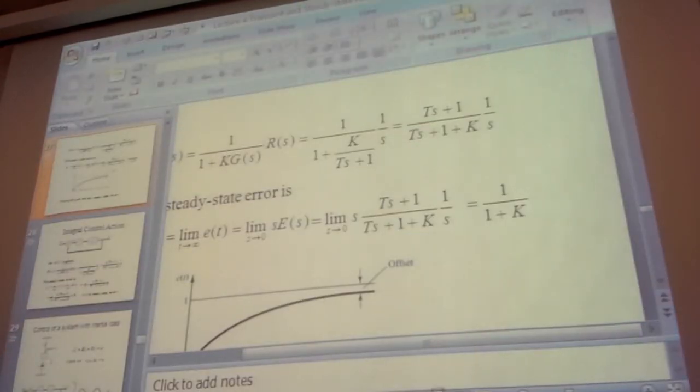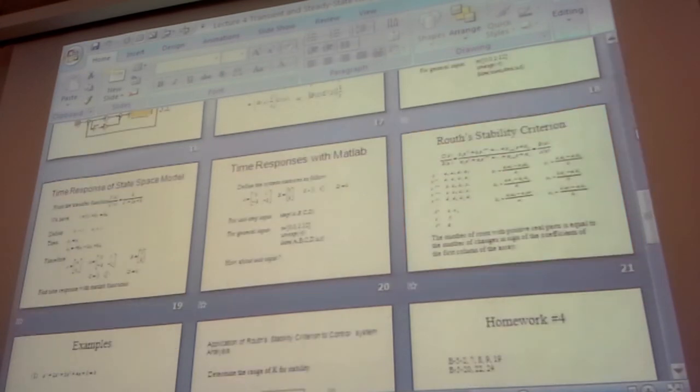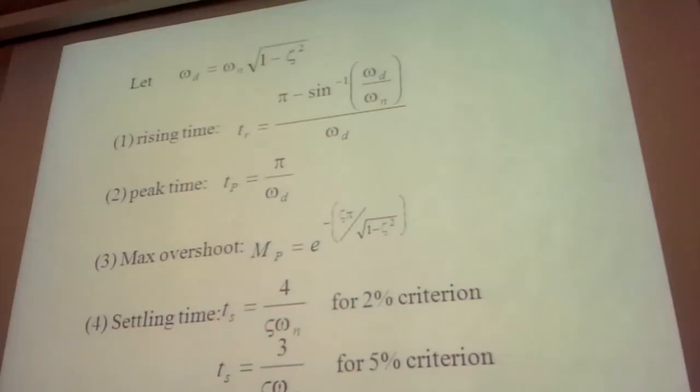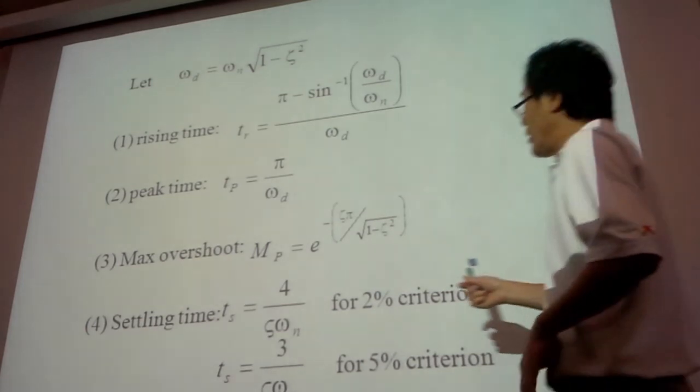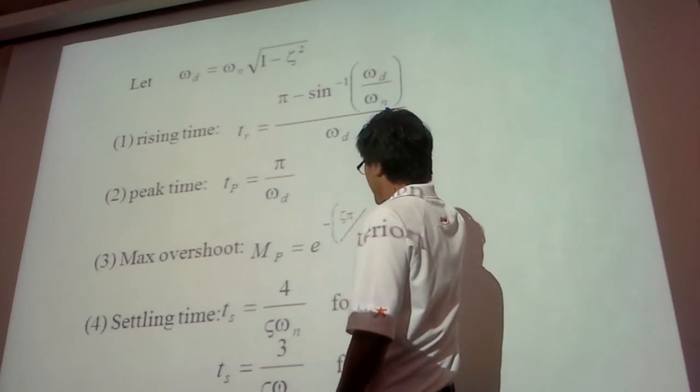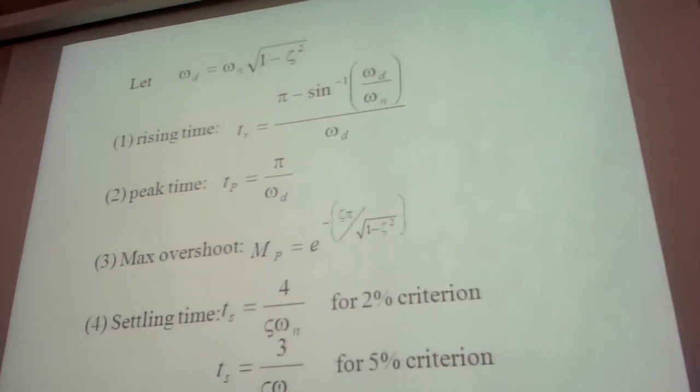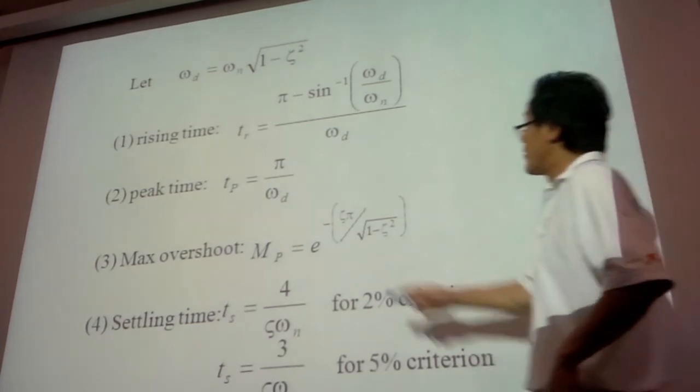So basically you know that, then you can find the definitions. That's what we have here. So you can find rising time, peak time, like that, right? If you know that, because it's a function of omega n and zeta. And omega d is defined like this.